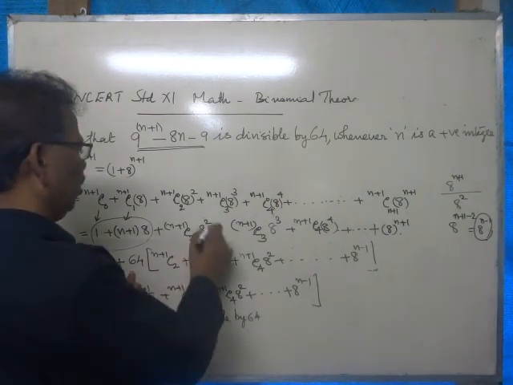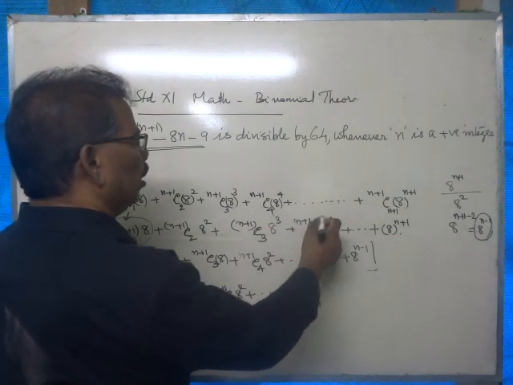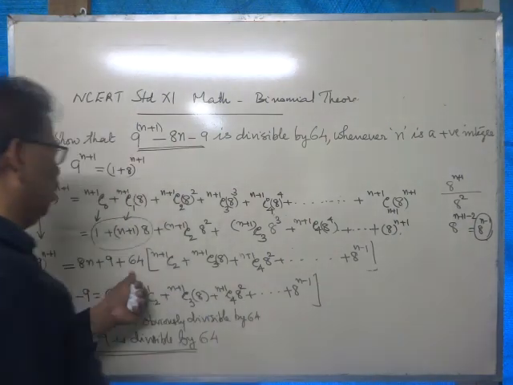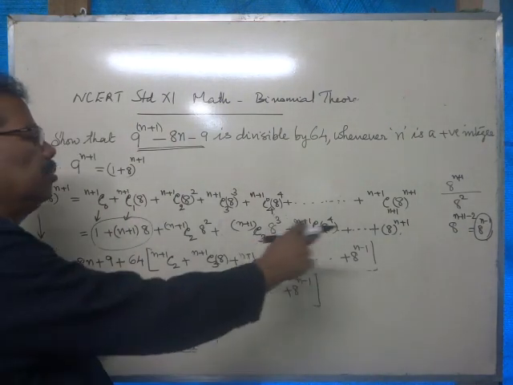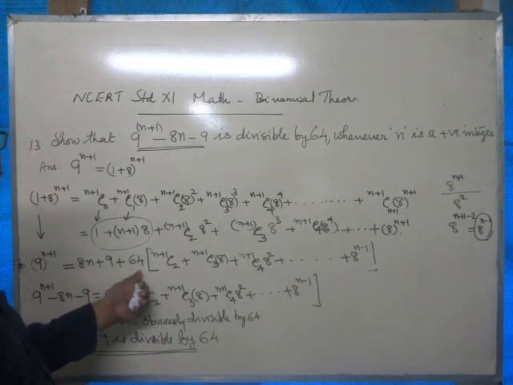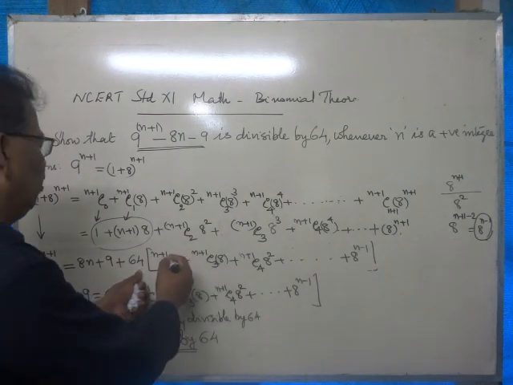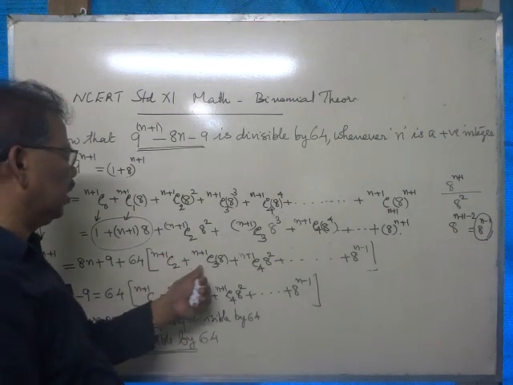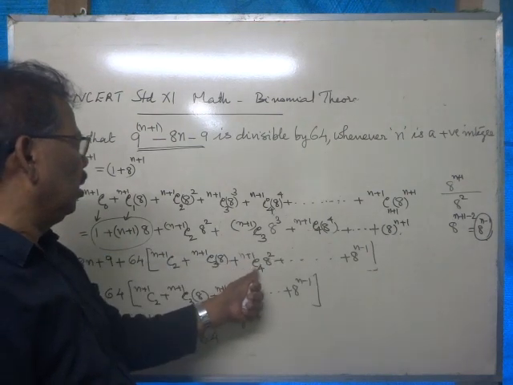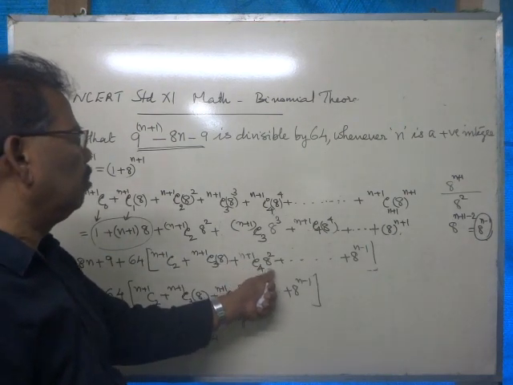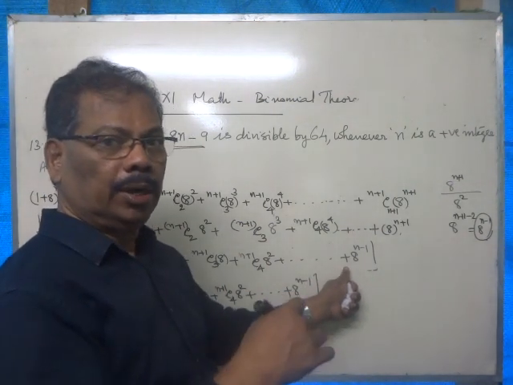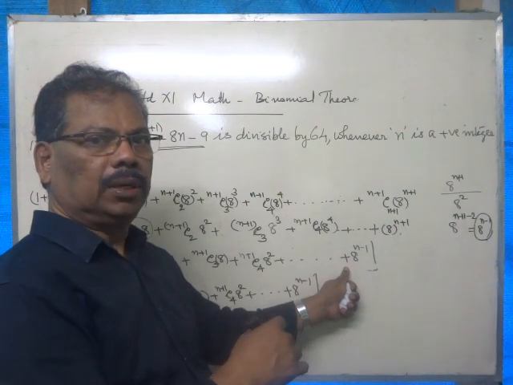See, here we have 8 square, here 8 cube, here 8 raised to 4, here 8 raised to n plus 1. Therefore, we can divide all these terms by 64, so 64 is taken out. Here the remaining is n plus 1 C2, here it is n plus 1 C3 into 8, here it is n plus 1 C4 into 8 square, plus etc. Here we have taken 8 square as a common factor.